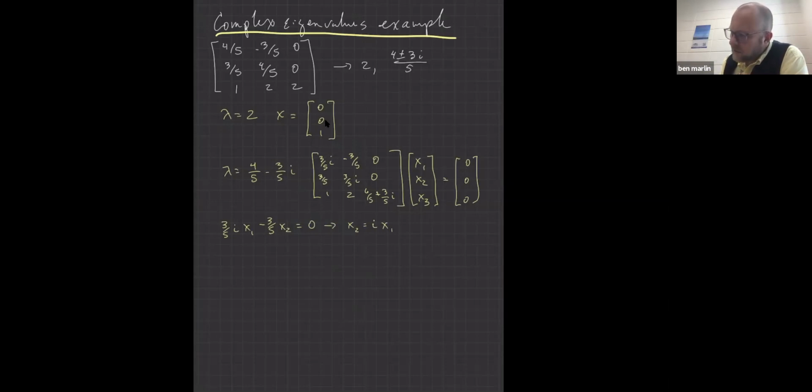Okay. Then if we go ahead and multiply the next one down there, we would have 3/5 x1 plus 3/5 i x2. Oh, I messed that one up, didn't I? 3/5 x1 plus 3/5 i x2 needs to be equal to 0. And so that looks pretty similar there. Your x1 would need to be equal to negative i times your x2.